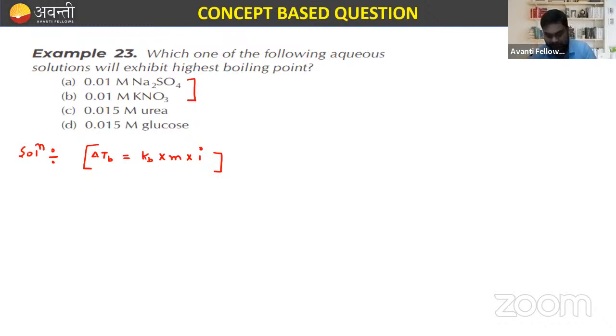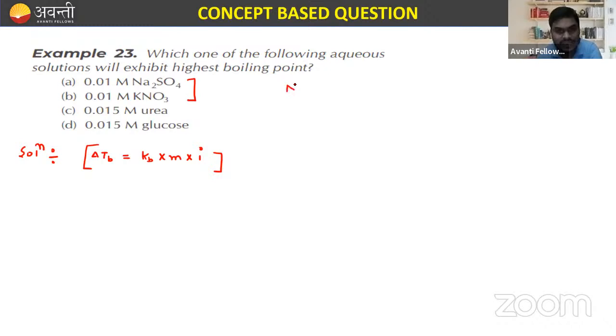Can anyone tell me the number of moles for this? This is question number 23, and you have to identify which will show the highest boiling point. So how will you identify?